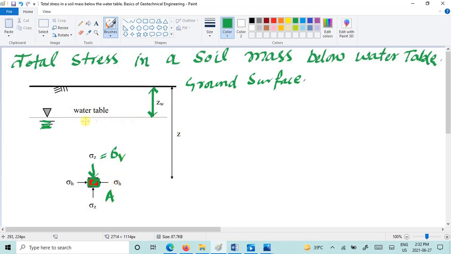Now the soils above the water table and below the water table are treated separately.